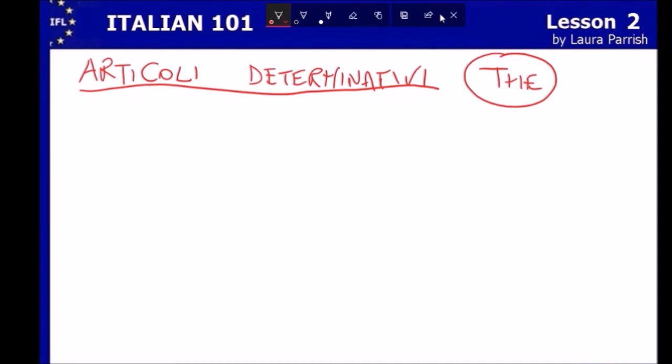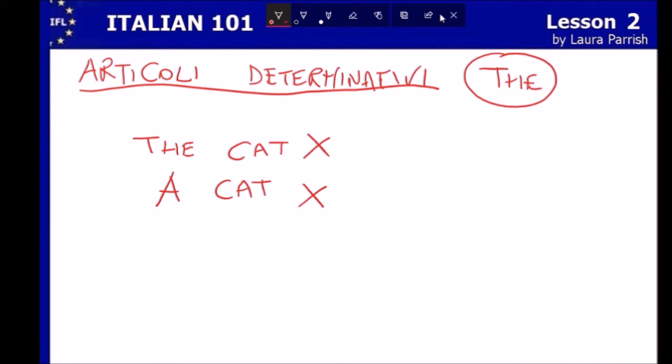It works the same in Italian and in English, but very fast, just to review the difference. If you see the cat is different than to see a cat. What is the difference? This one is determinative, this one is indeterminative.